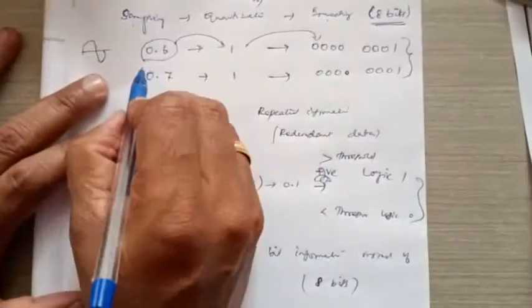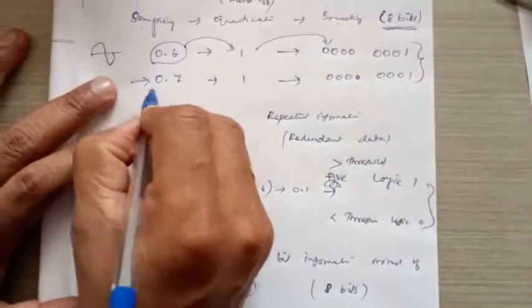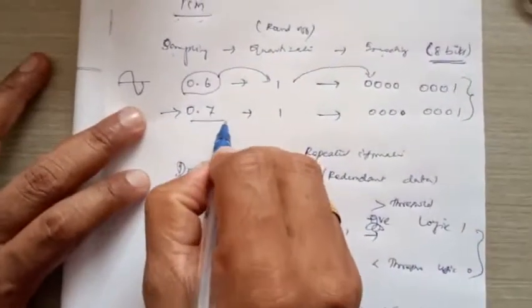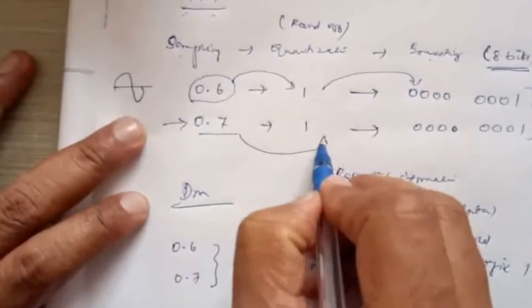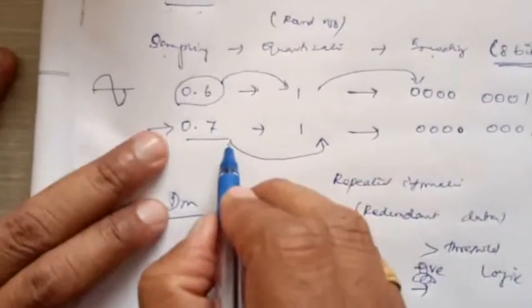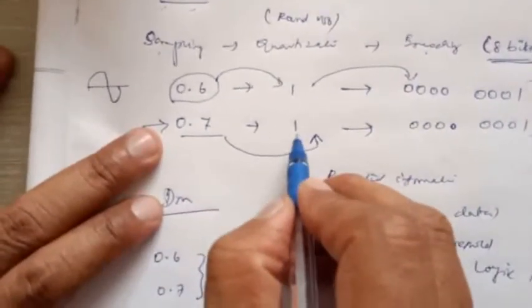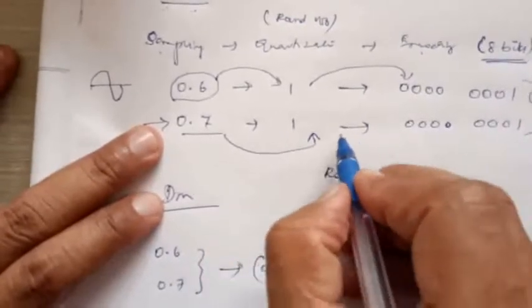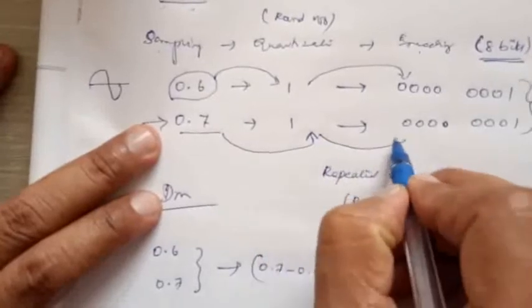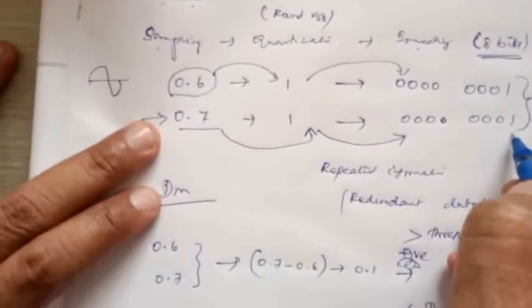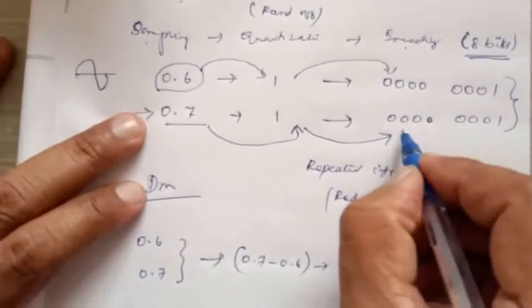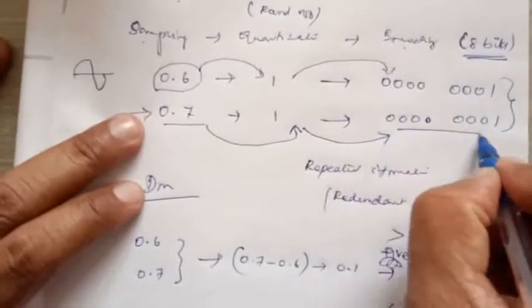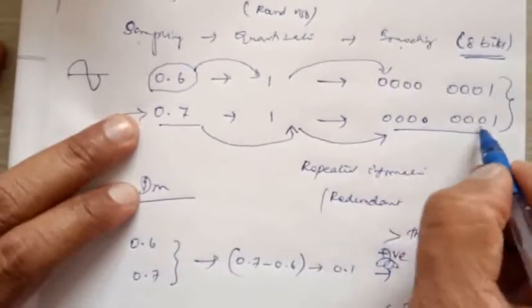Similarly, suppose the next sample value is 0.7, then this 0.7 will be rounded off to the next higher level, that is 1. Again the same value will be encoded as 00000001. So in this case also, the encoded data will be seven 0s and a 1.